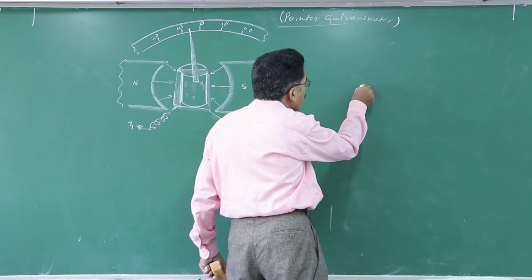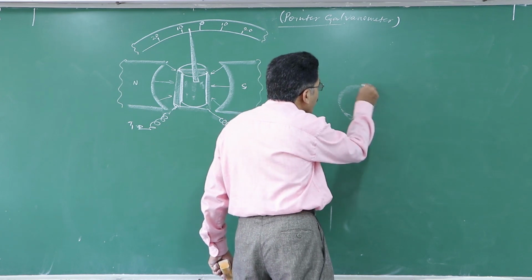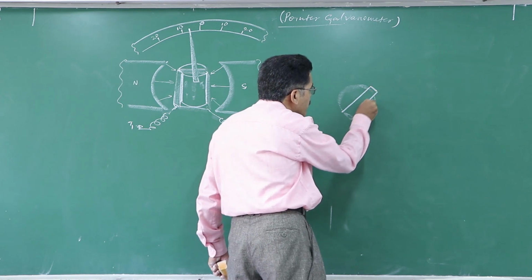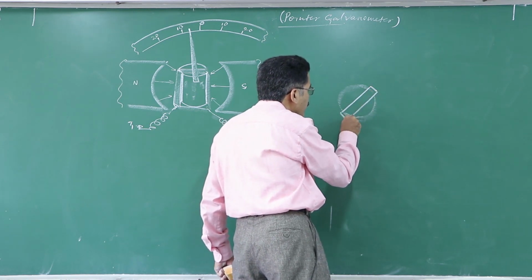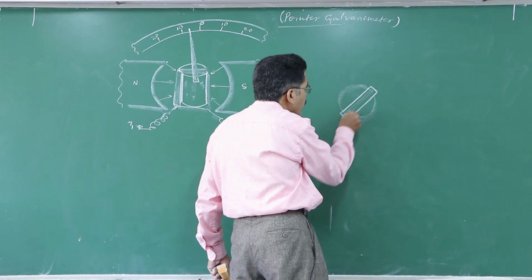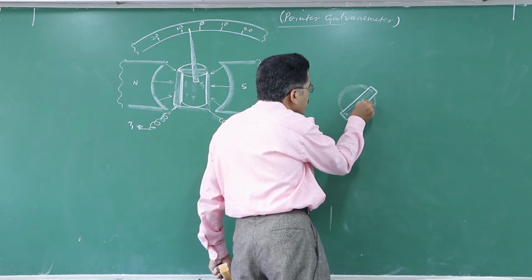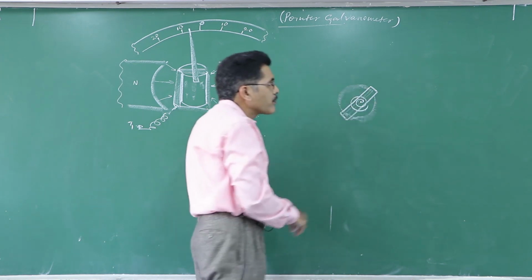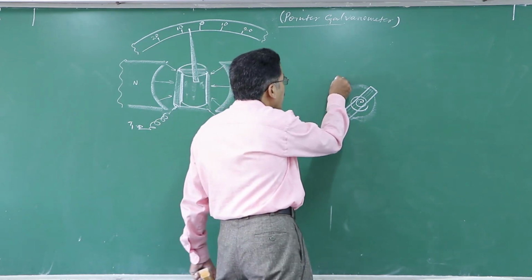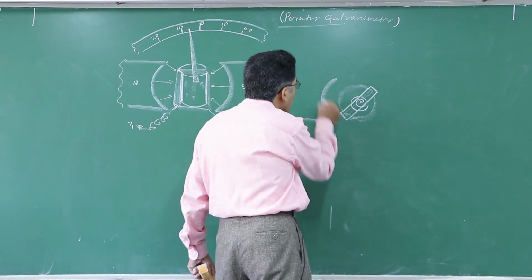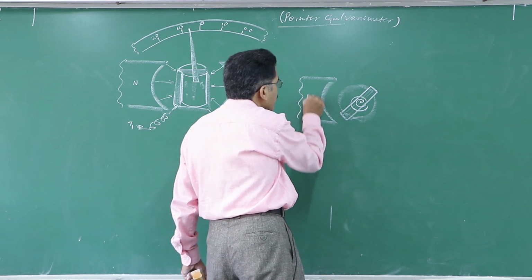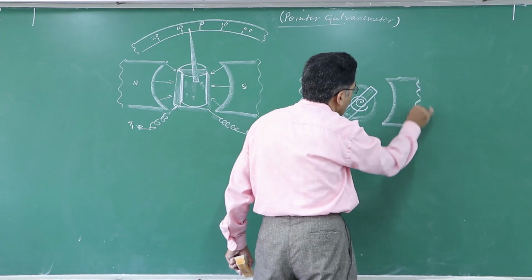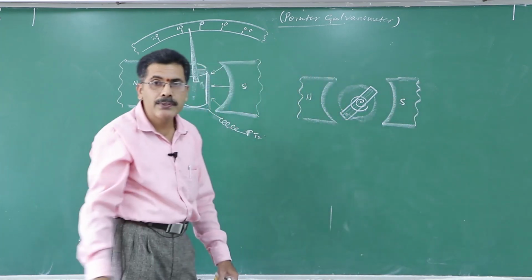Here, this is the soft iron cylinder. This is the coil. This is the spring which controls it, and these are the concave pole pieces.